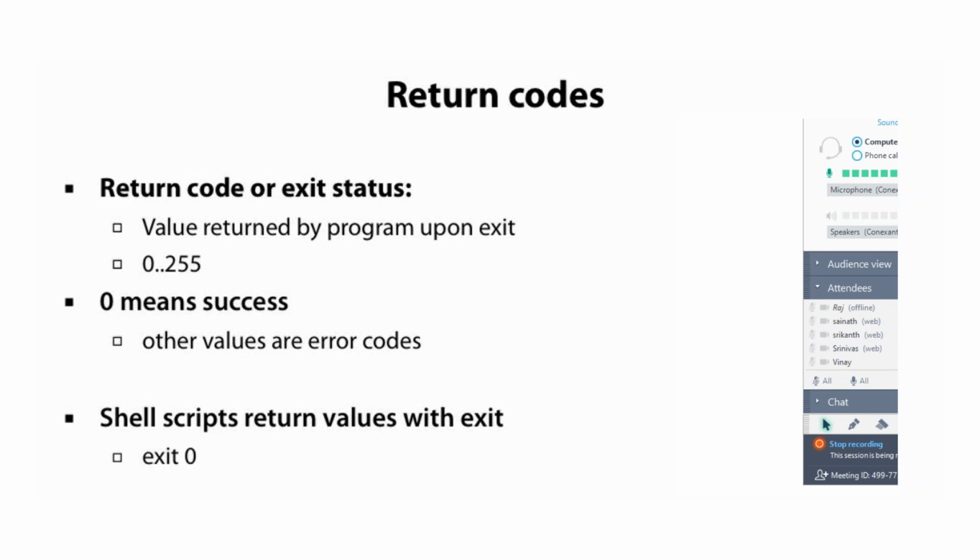You can get the exit value by using dollar question mark. By using dollar question mark, you can get the exit status of the previous command or last step. You can use the exit status in your script and validate inputs or validate previous commands and loops. Let me try to show you an example.